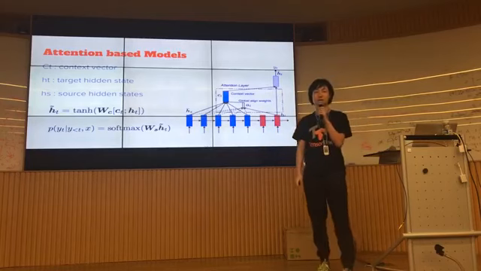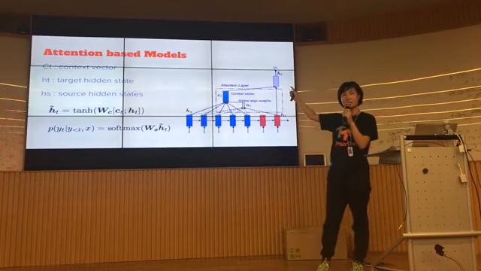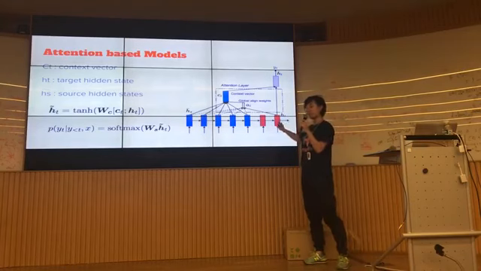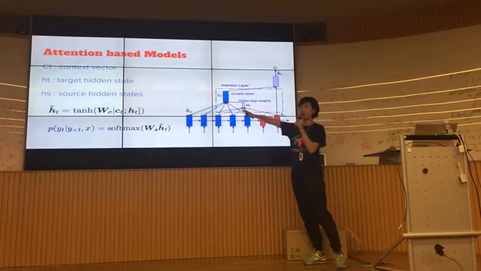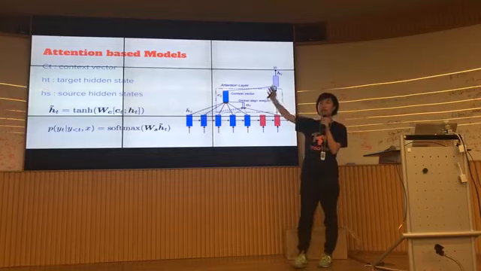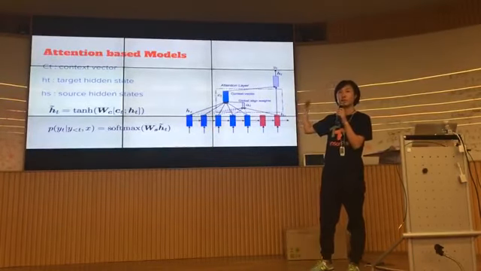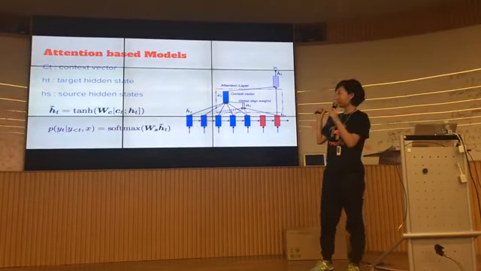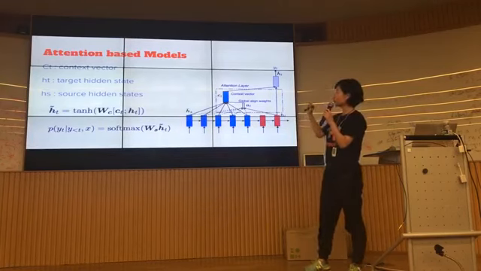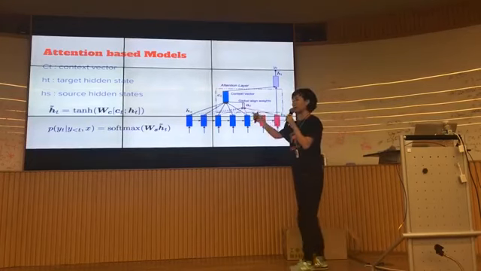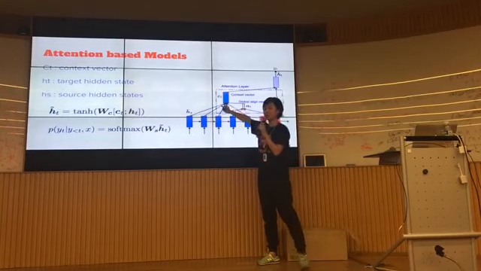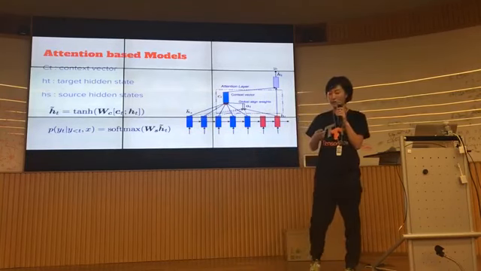Each time we want to predict the target word YT, we first use the target hidden state HT and combine it with the source context vector CT to calculate a new HT, and then use this new HT to predict the word. So the key issue is how to calculate this CT, which depends on all the source hidden states HS. How to calculate CT is the most important thing.